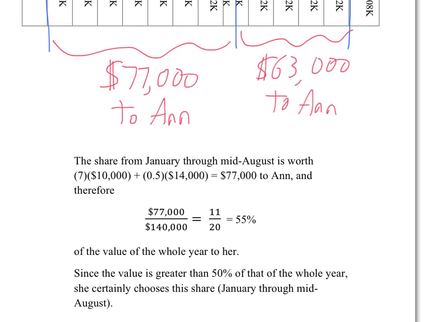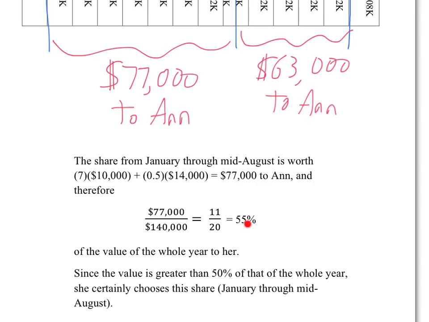In percentage terms, her $77,000 share out of a total value for the year of $140,000, well, that's 11/20ths, or 55% of the value of the whole year. If you didn't convert this to 11/20ths, don't worry about it. You can just ask your calculator how much this is. It will tell you 0.55, or 55%.